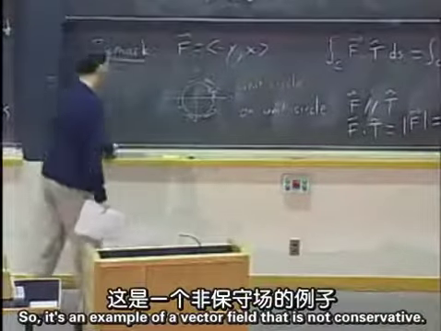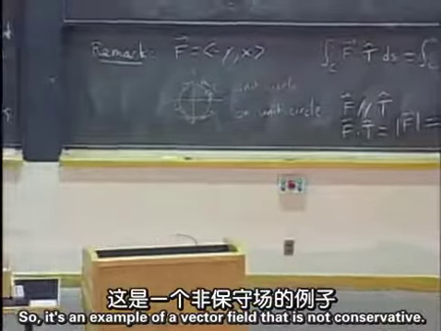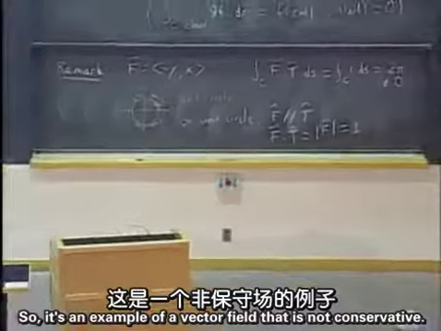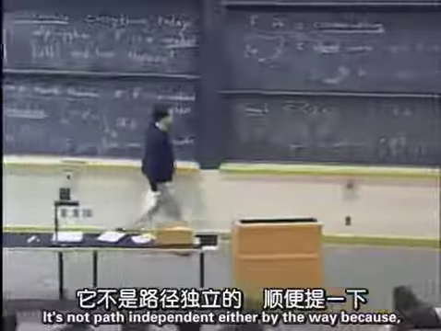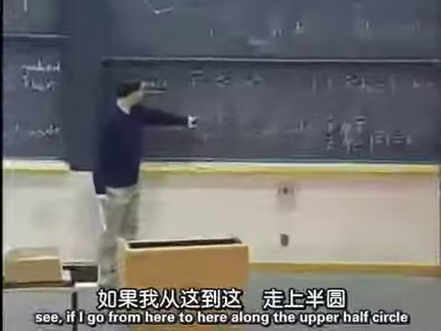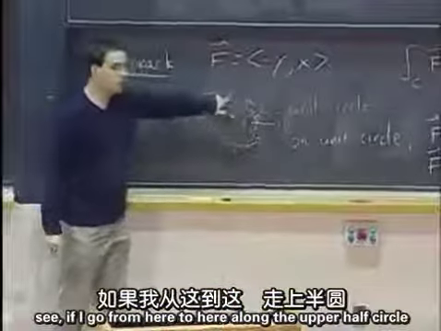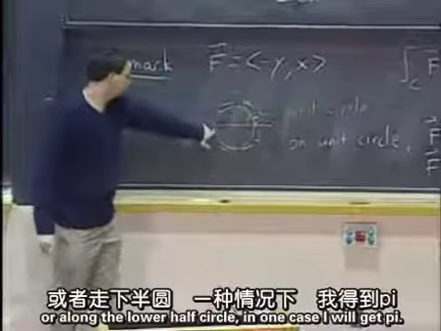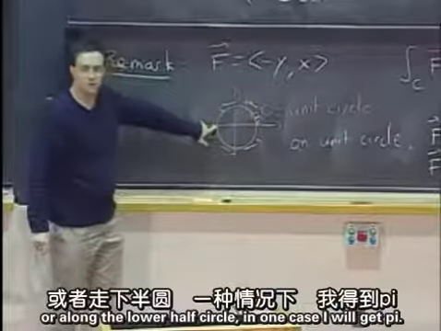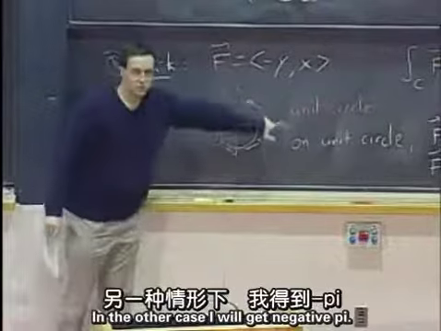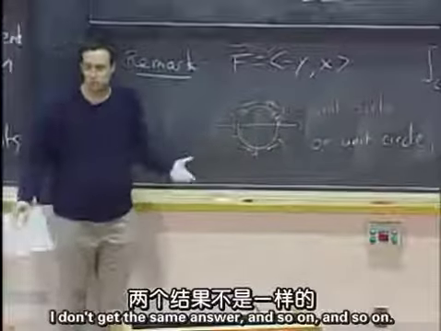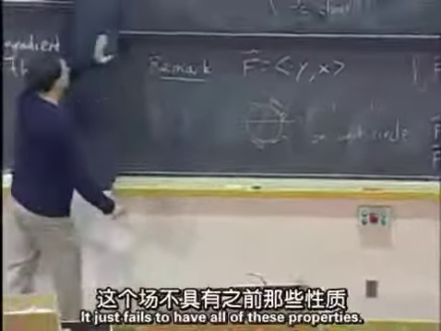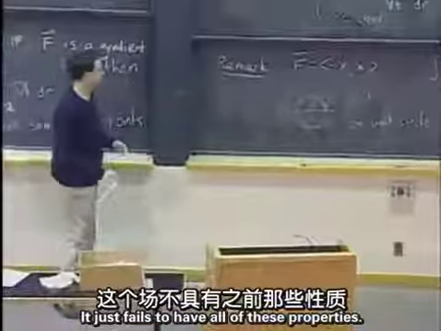So it's an example of a vector field that is not conservative. It's not path independent either, by the way, because if I go from here to here along the upper half circle or along the lower half circle, in one case I will get pi, in the other case I will get negative pi. I don't get the same answer. It just fails to have all of these properties.